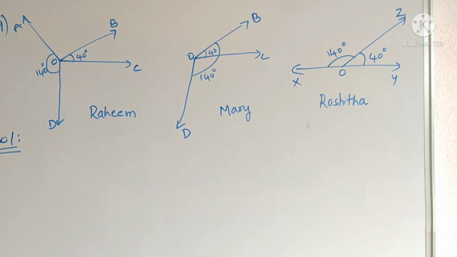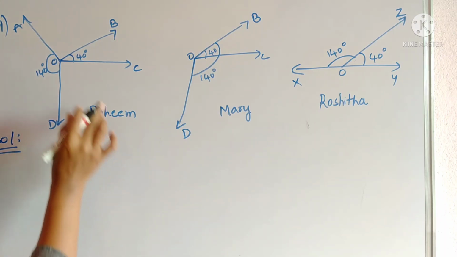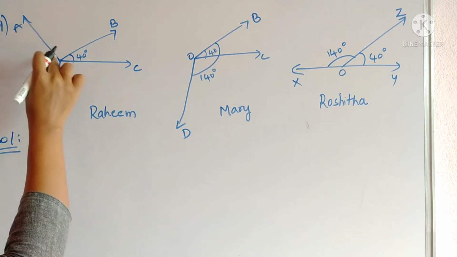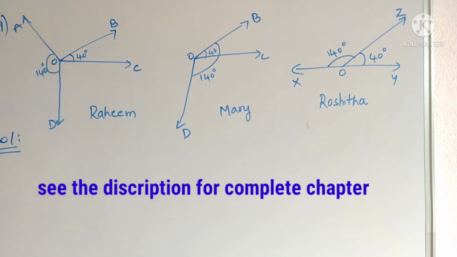Okay. So see, linear pair means the 2 angles must be adjacent and they must form a straight line. Okay. See here, Rahim, here angle BOC is 40 and angle AOB is 140. They are not adjacent first and they are not forming a straight line. So Rahim is wrong. Okay.